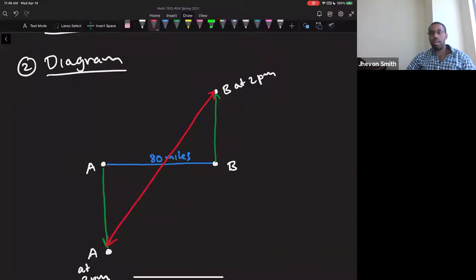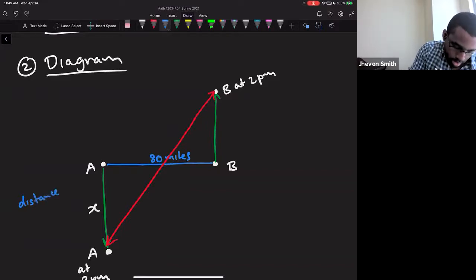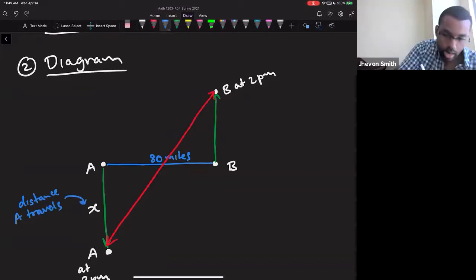So we should label these with variables. Let me label this with X. X is the distance A travels. That's X. And let me do Y for the distance B travels.